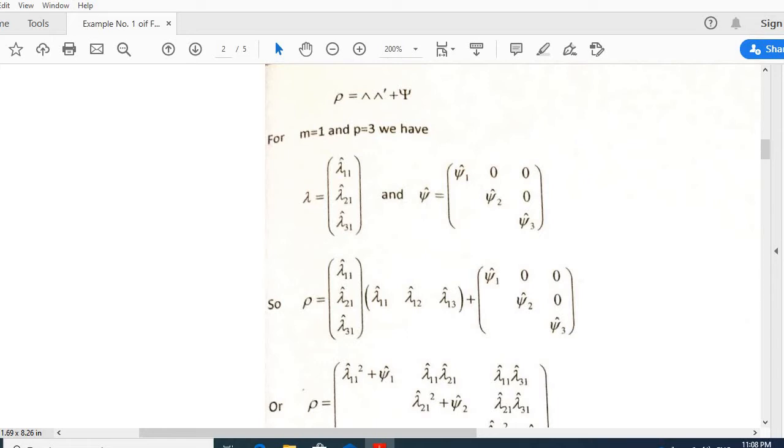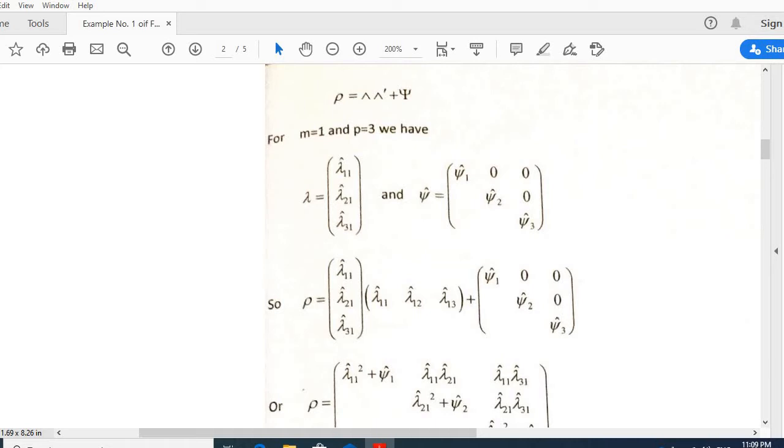Now m is equal to 1 and p is equal to 3. Therefore lambda head is equal to lambda 1 1 head, lambda 2 1 head, lambda 3 1 head, and psi head is equal to the diagonal matrix psi 1 head, psi 2 head, psi 3 head. All off-diagonal elements of this matrix psi head are equal to 0. Rho is equal to lambda lambda transpose plus psi.